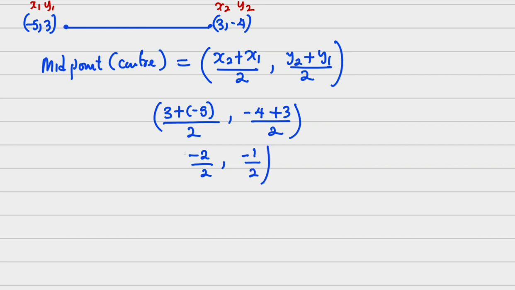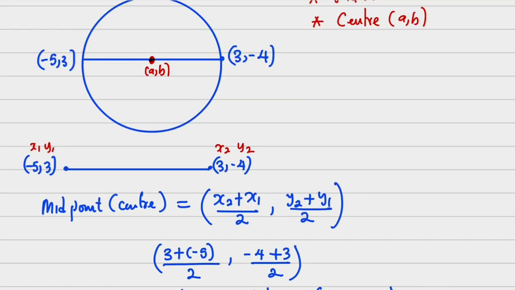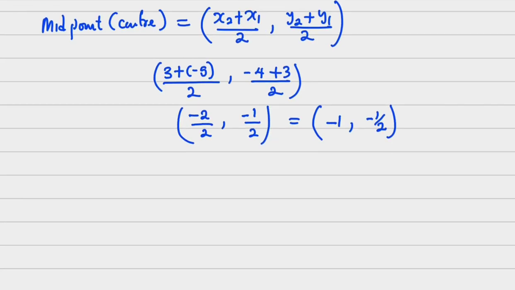Okay, so everything evidently is going to be minus 1, comma, then minus 1 over 2, which is 0.5. So I have the coordinate of the midpoint, which I don't have an issue with. So I have my a comma b. My a comma b now, I found it to be minus 1 comma minus 1 over 2. So I'm done with that.